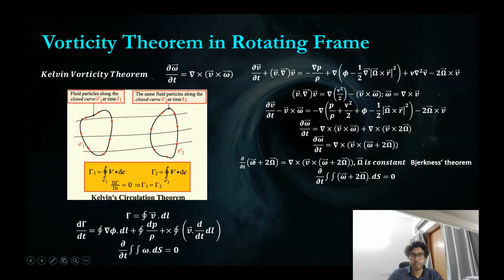It will not be zero forever, unlike the case for a non-rotating frame. So this is what happens for the Euler equation in rotating frame.